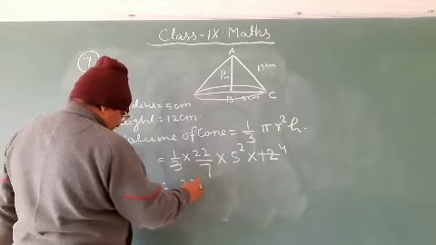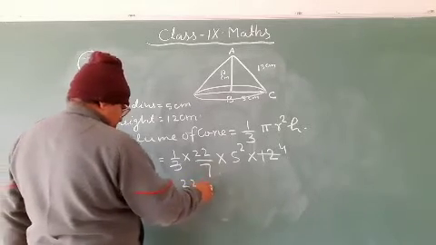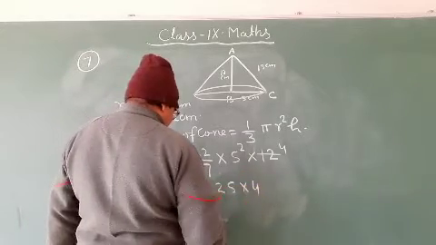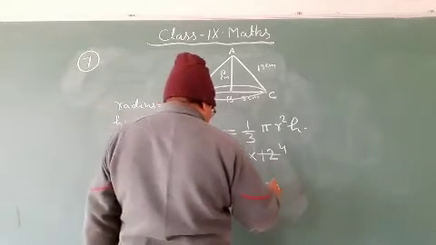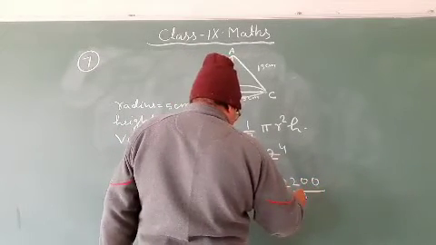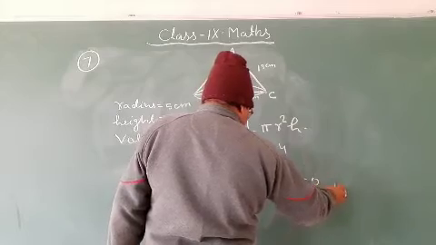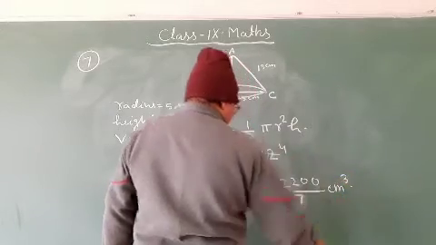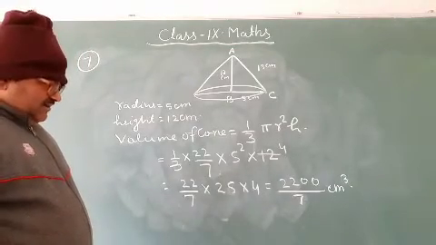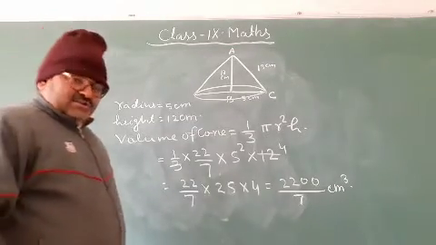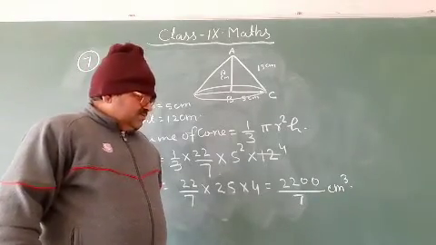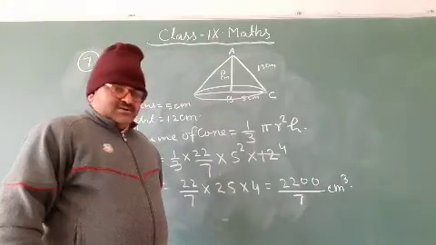So 22 by 7, 25 into 4, that's equal to 2200 upon 7 centimeter cube. 2200 upon 7 centimeter cube is the volume of the right circular cone.